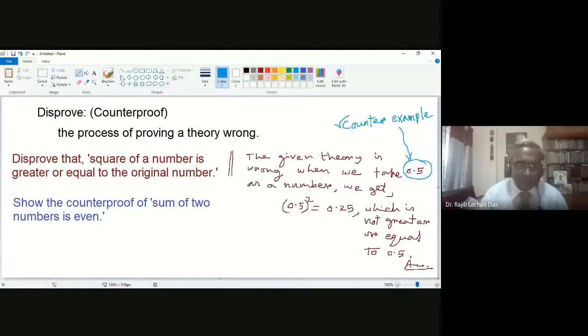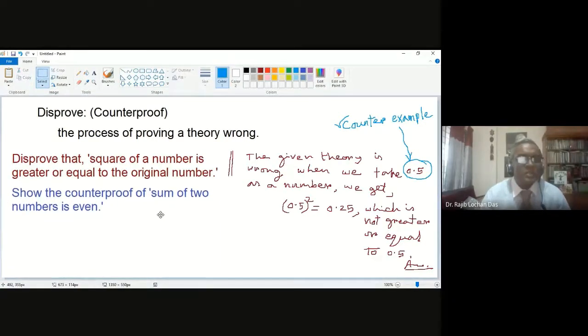This is the thing I actually did not talk about in the chapter on methods of proof. So how can you prove the second example? This is also by taking a counter example.